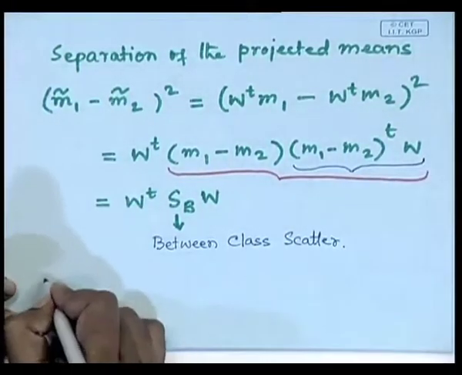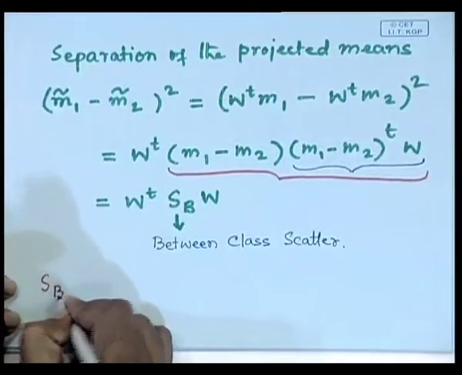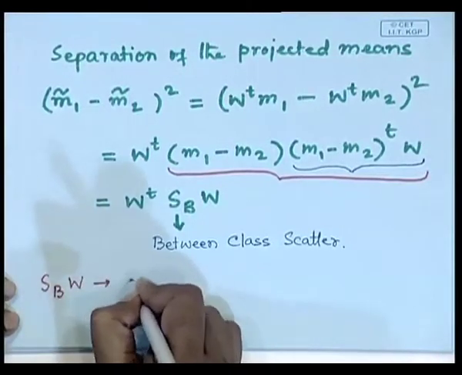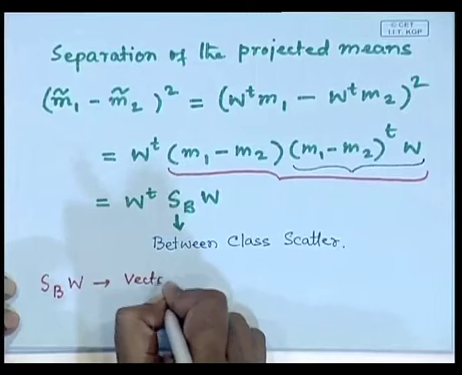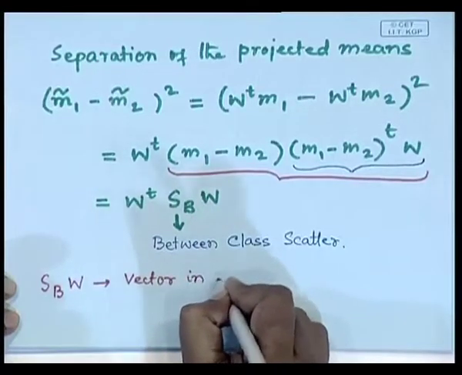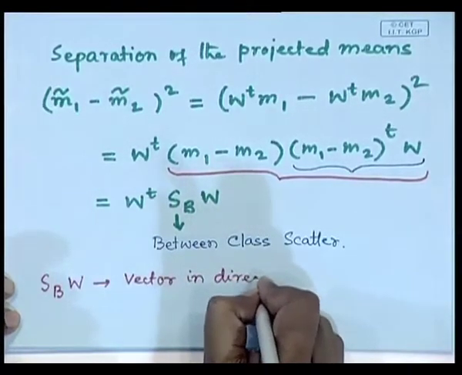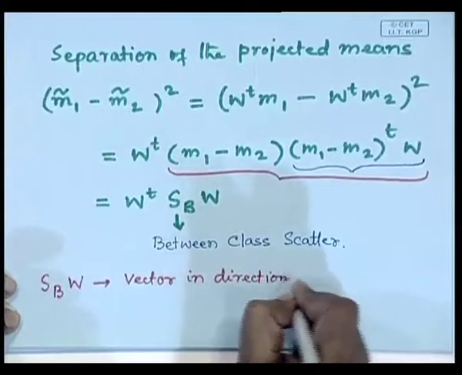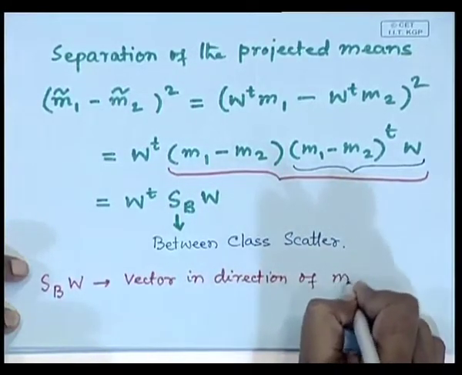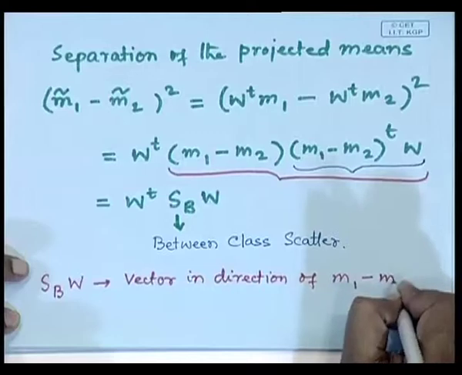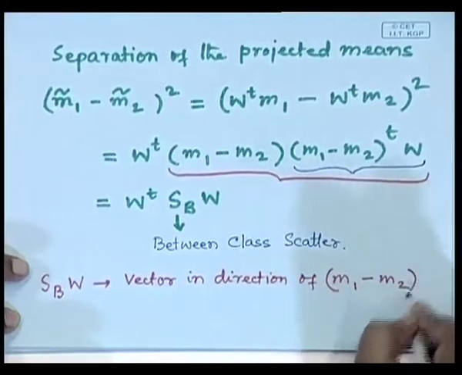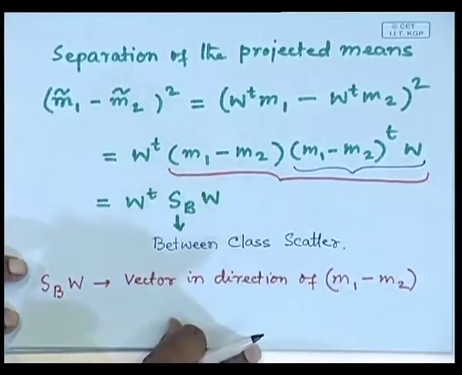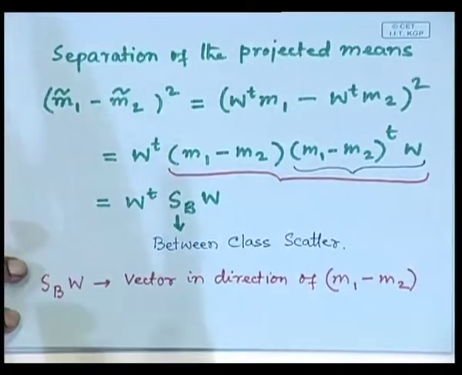So, this S B W is a vector in the direction of M 1 minus M 2. We will make use of this while solving for our projection direction W. Okay.